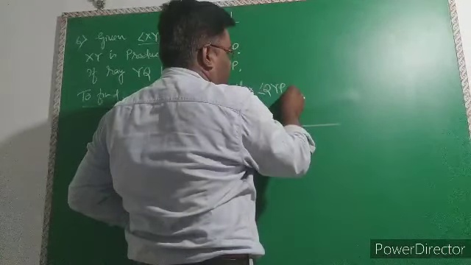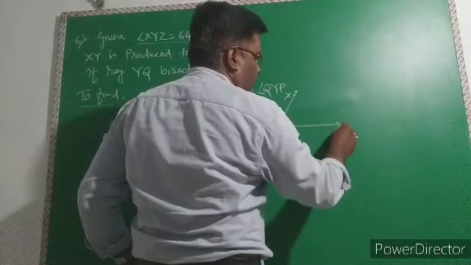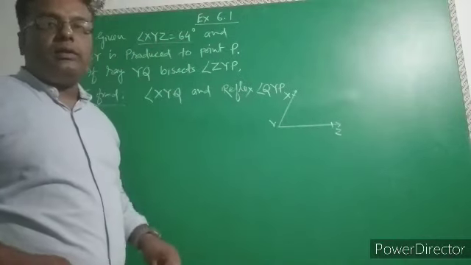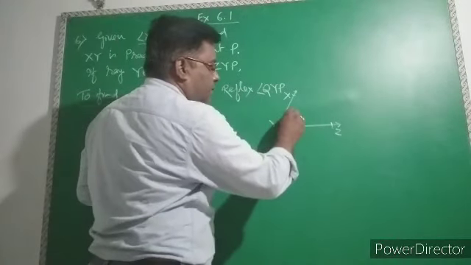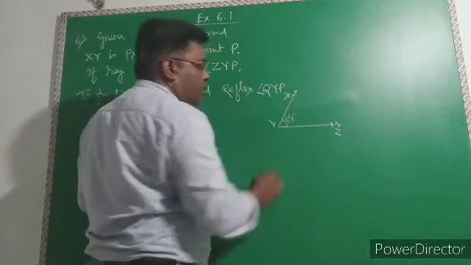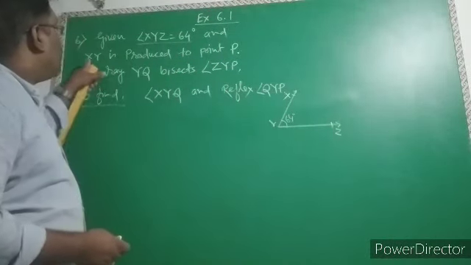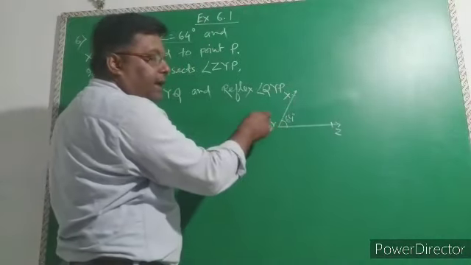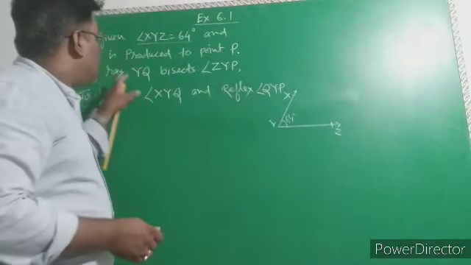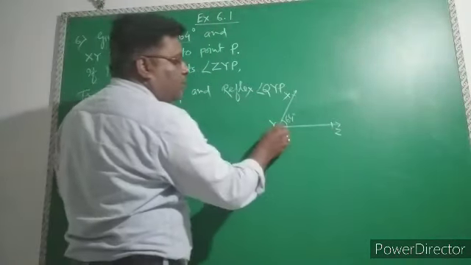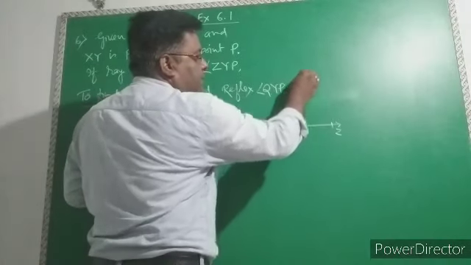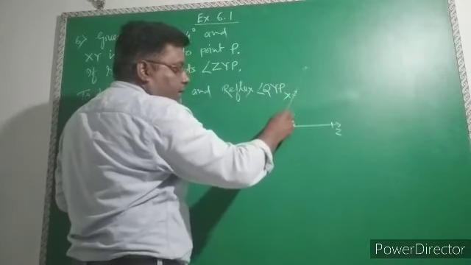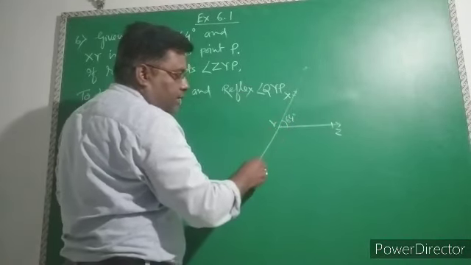Suppose this is X, Y and Z. This angle XYZ is given as 64 degrees, and XY is produced to point P. If in a question YX is produced, then we have to produce it in the direction of X. But XY we have to produce in the direction of Y, like this.